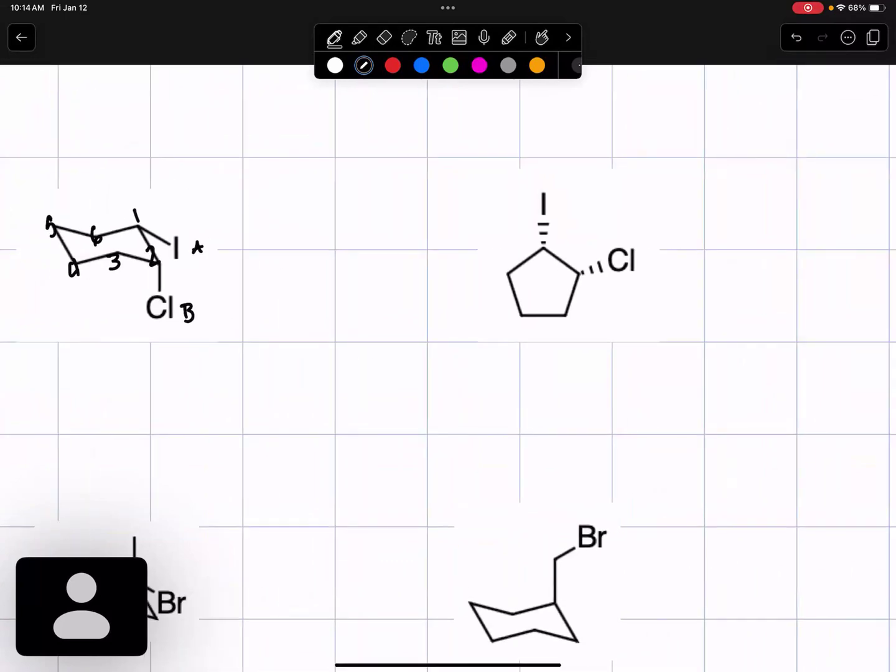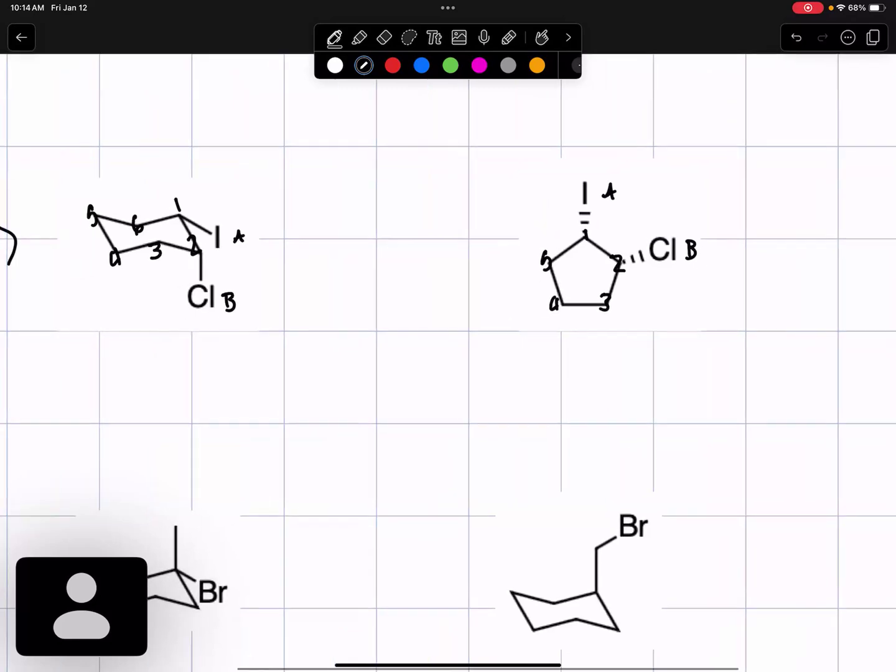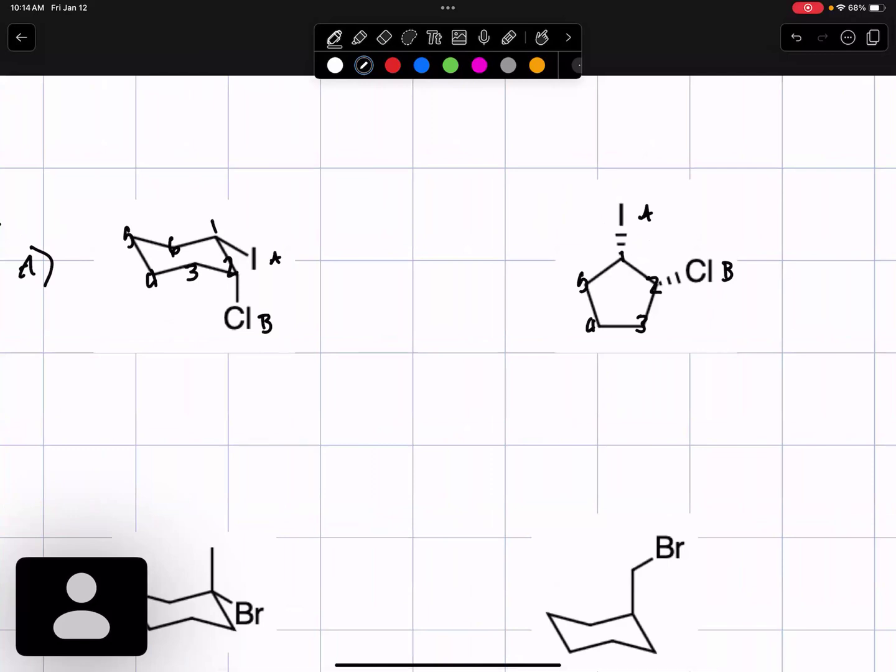Same situation, 1, 2, 3, 4, 5, but we still have the same heteroatoms. Are these constitutional isomers, diastereomers, same compounds, enantiomers? It's obvious that if they have a different molecular formula, they would be different compounds, right?